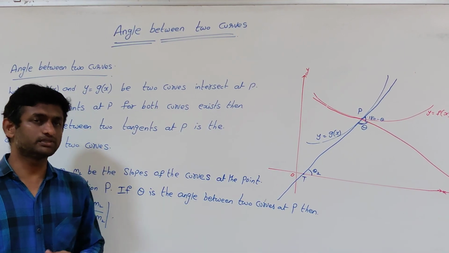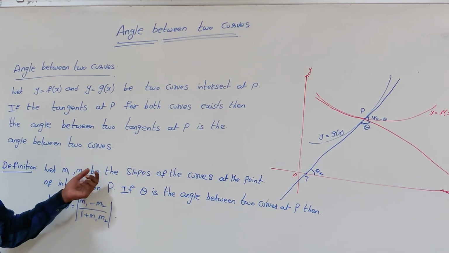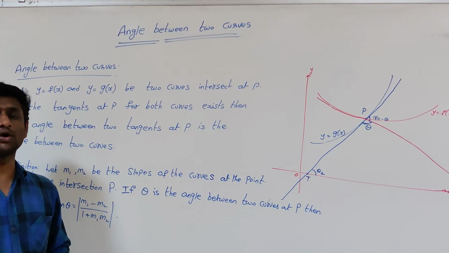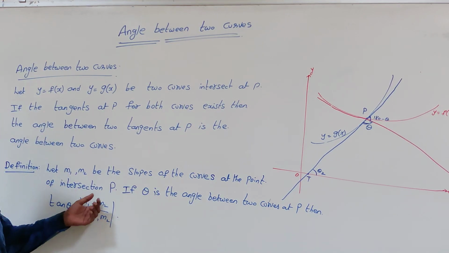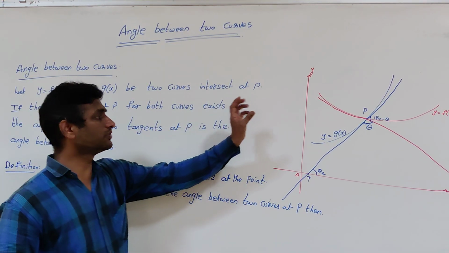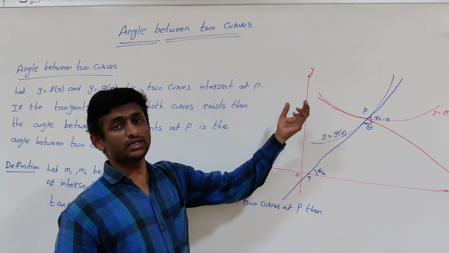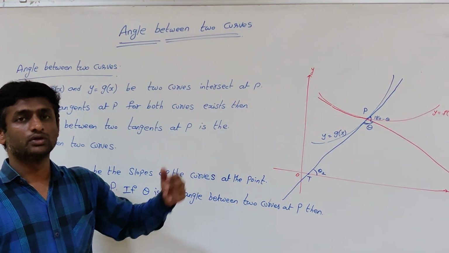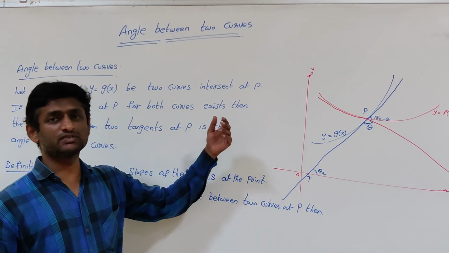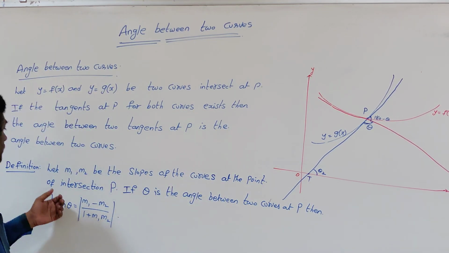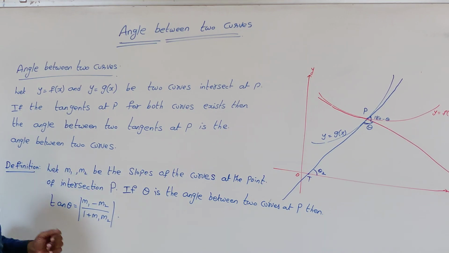So the definition is, let m1, m2 be the slopes of the curves at the point of intersection P. Means if two curves intersect at P, then we can find the slopes of the respective tangents or slopes of the respective curves. So that is m1 and m2.